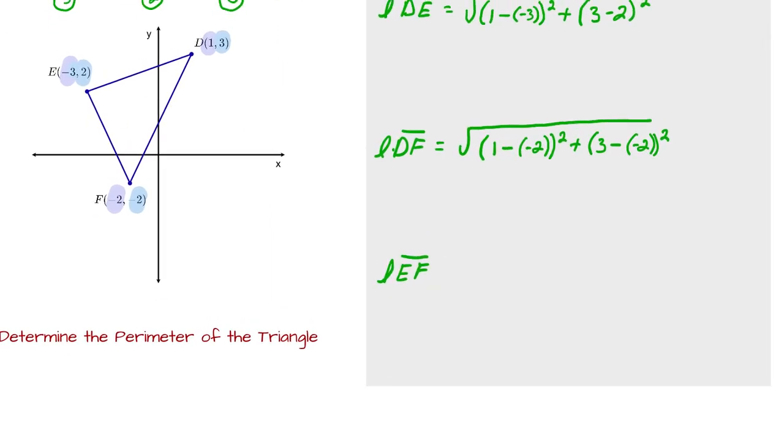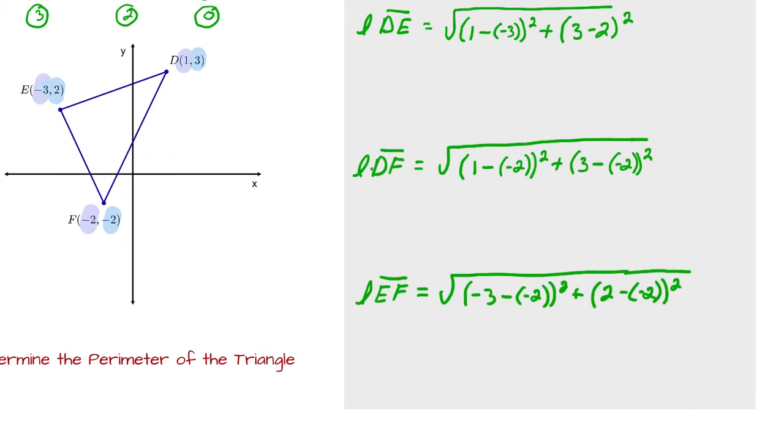And lastly, E to F. Here we go. E would be -3. F is -2, so minus -2. Those are the X values. Plus, and again starting from E, I'm being very consistent here, 2 minus -2, bracket, square.